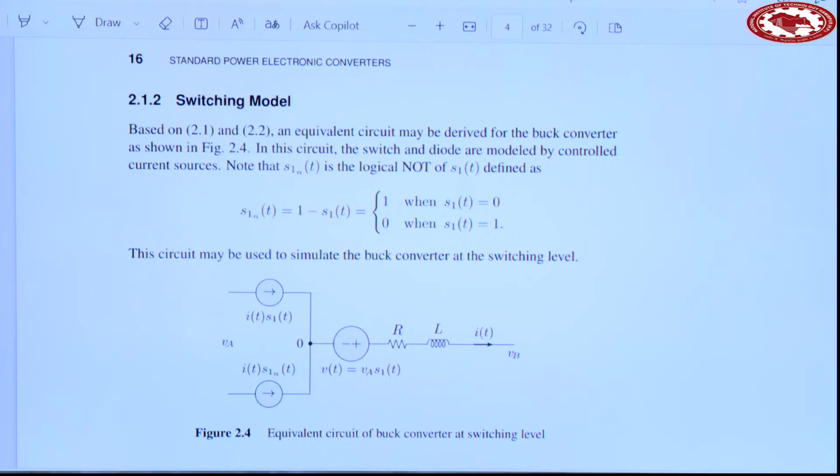So you don't want to engage yourself in those very short times, unless your research is particularly in that aspect, okay? But if your research is in control or power system operation of the converter, you're not interested in what's happening in that time scale, right? But if you are a power electronics person researching on the power electronics side of the switches, you may want to go into details and work with this model, right?